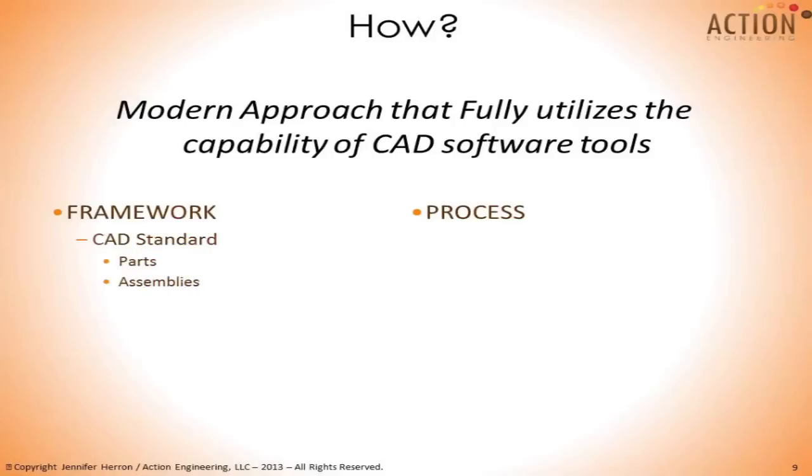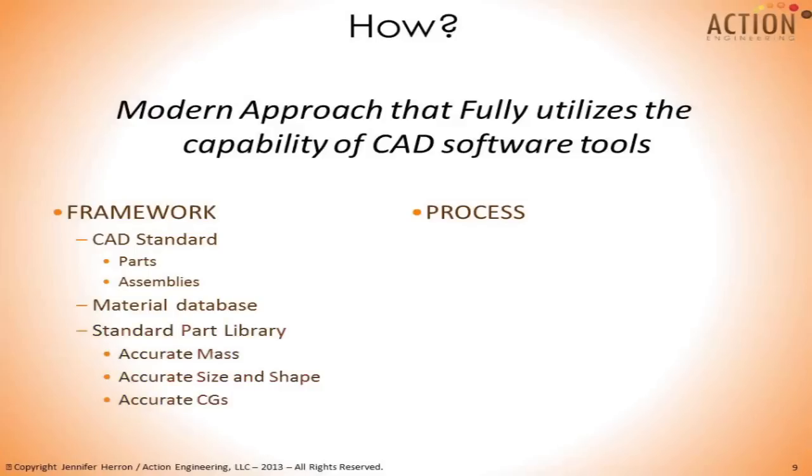You need a framework to put this together, and the first thing I advocate is that you need a CAD modeling standard for your parts and assemblies, and in that standard you would have things like: every time you create a part you apply a material, and that material is in a centrally controlled material database, which again supports the concept of model-based enterprise, where we're not only reusing the CAD models, but we are also reusing the material database, and it's coming out of a central location.